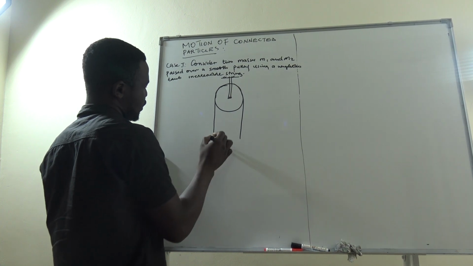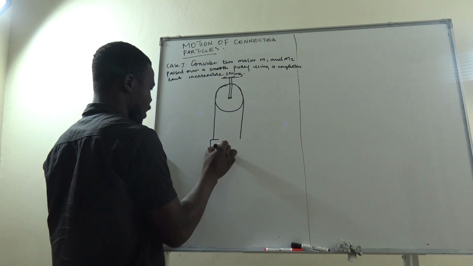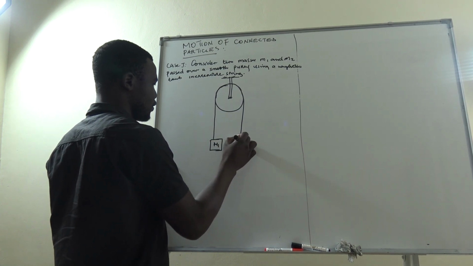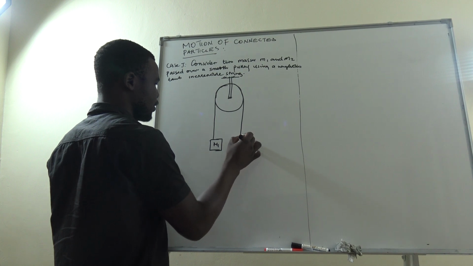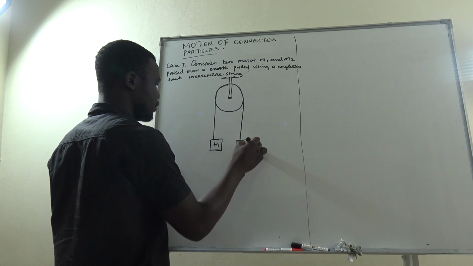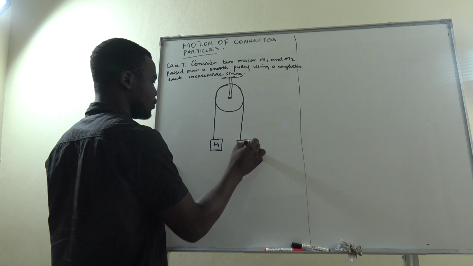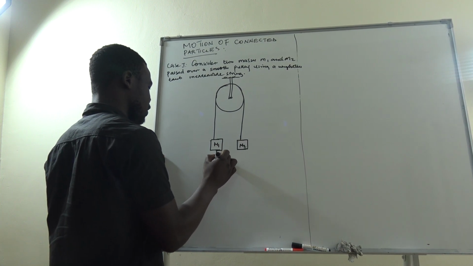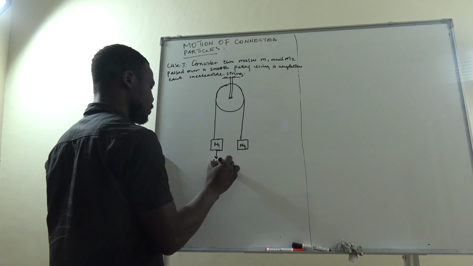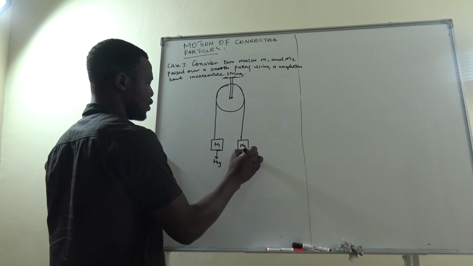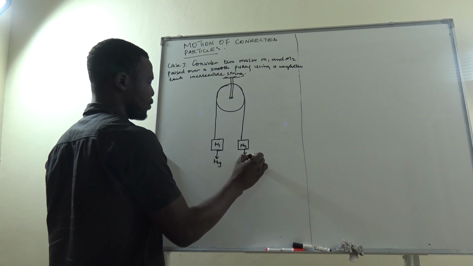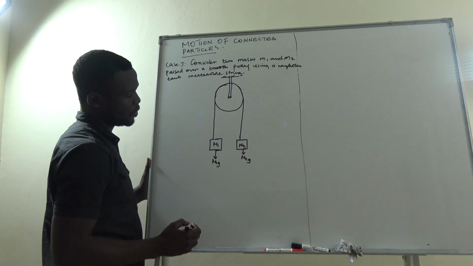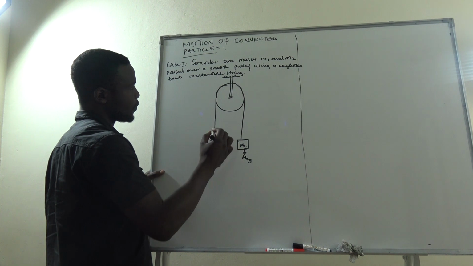So now, if this is our body M1, and this is body M2, we know that the weight of this body, M1G, will act downwards, and the weight of that body, M2G, will also act in that direction.